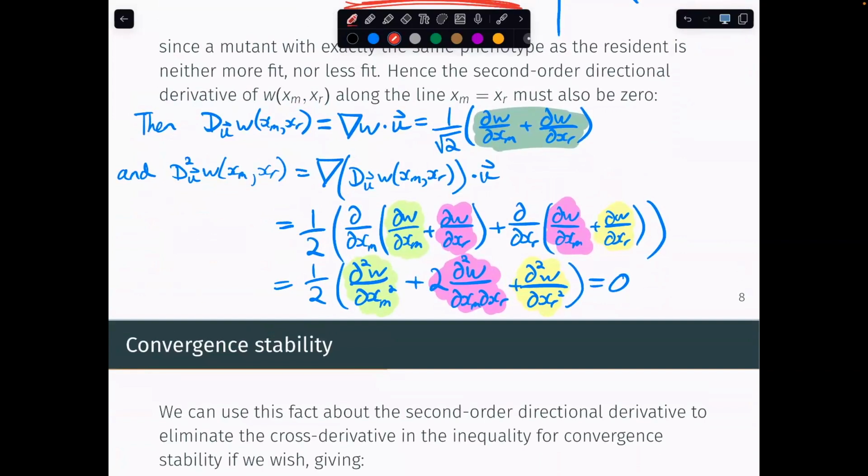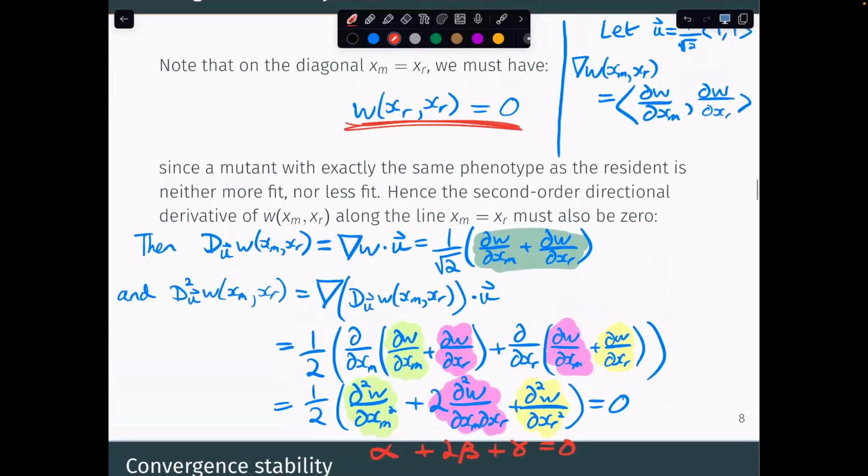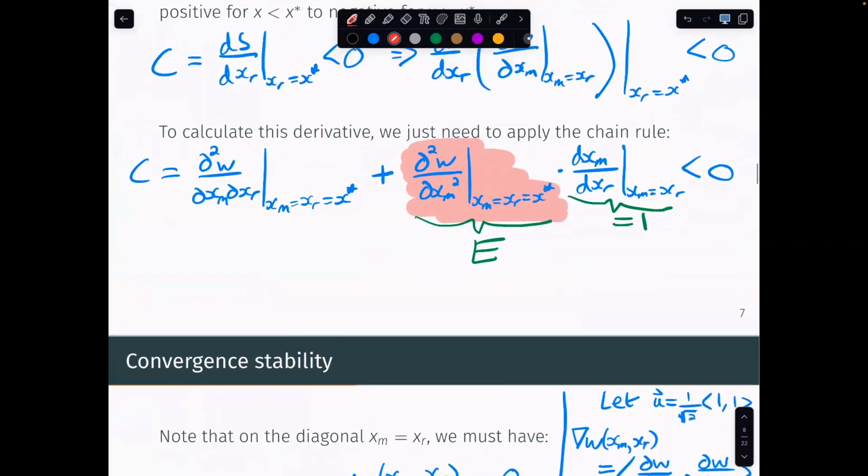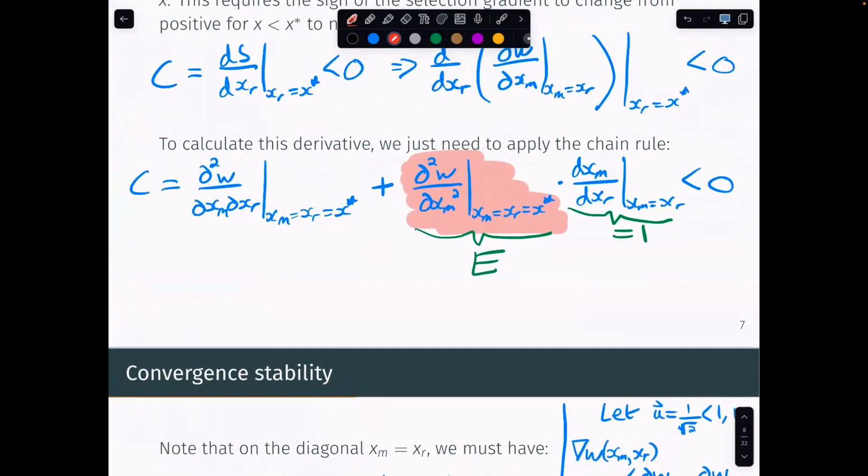I'm going to relabel, rather than writing these out continuously, I'm going to relabel these as alpha plus 2 times beta plus gamma being equal to 0. And note up here, this cross derivative here was our beta.